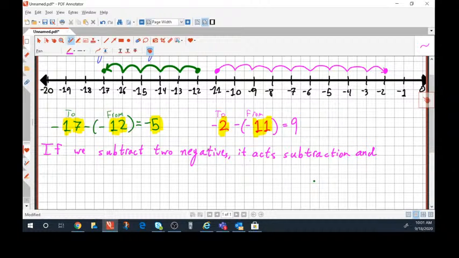And if we subtract two negatives, it acts like... oops, that's why I messed up. It acts like subtraction. Whoopsie daisies. And the result may be positive or negative.